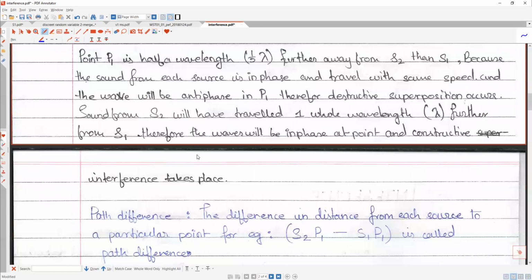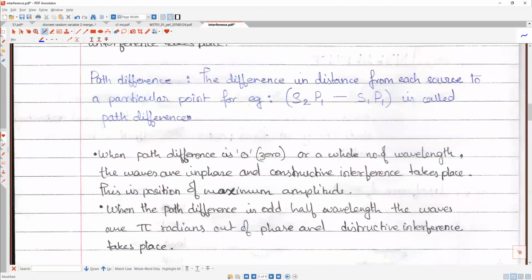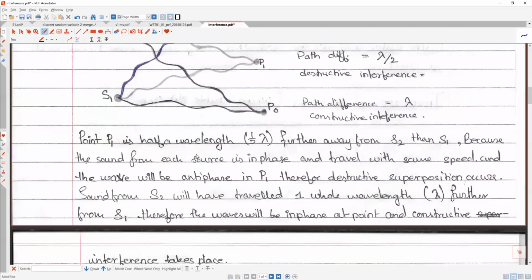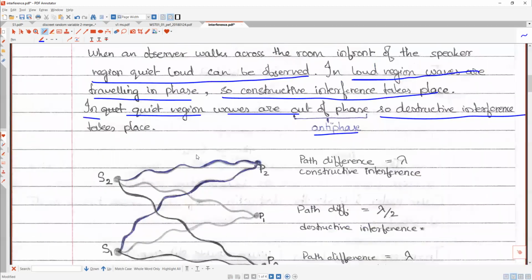Now I will say the meaning of path difference. Path difference is given in lambda and phase difference is given in radians, in pi. Phase difference is written in radians and path difference is written in lambda.